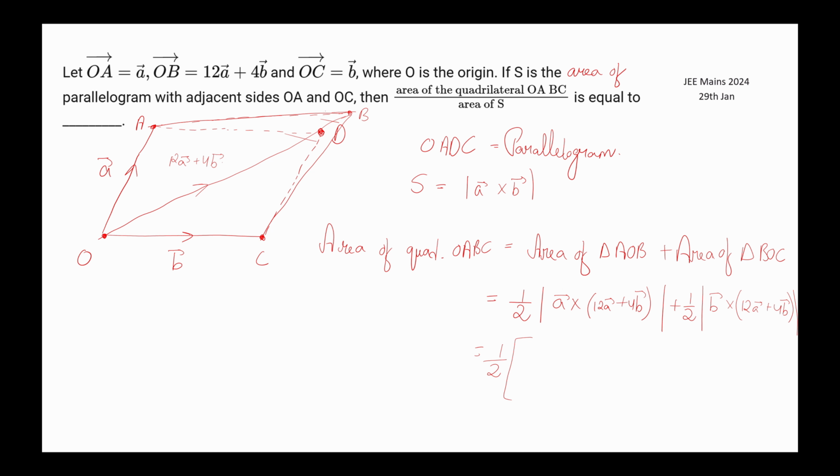So it would be A vector cross 12A vector plus A vector cross 4B vector. And A vector cross 12A vector, since these two are parallel to each other, basically we are talking about collinear vectors, this would become 0. So we would be left with A vector cross 4B vector plus, and here also the same thing would happen and we would be left with B vector cross 12A vector.